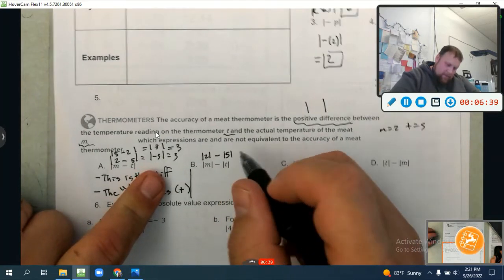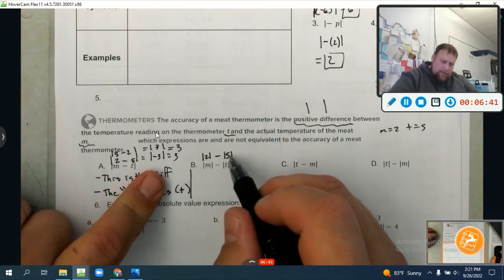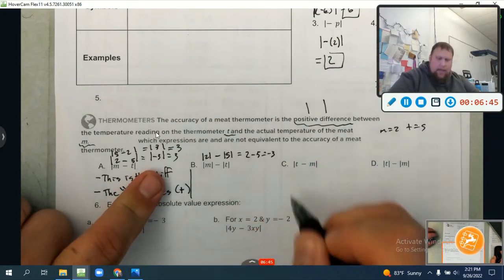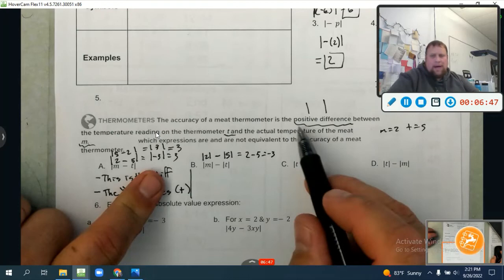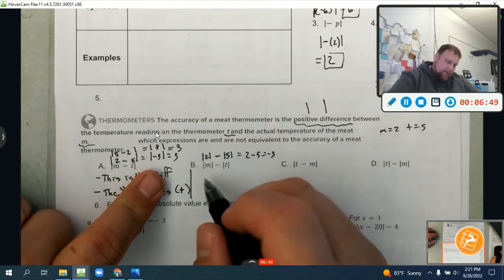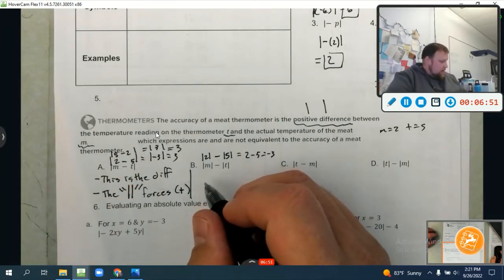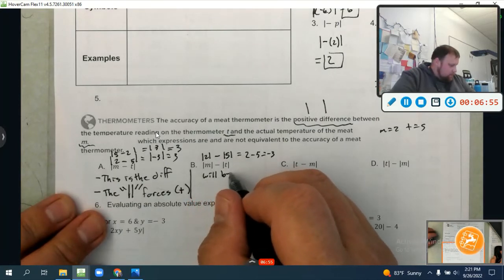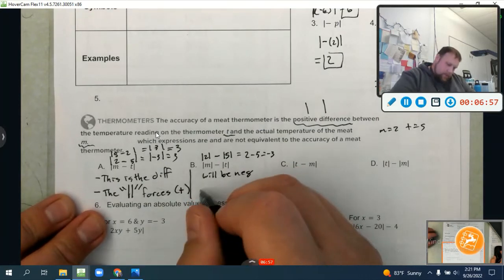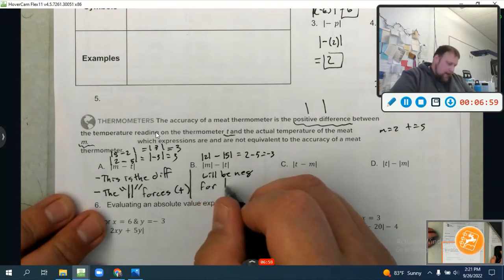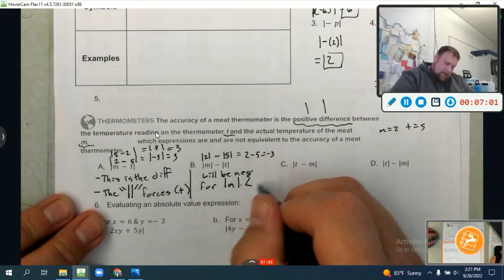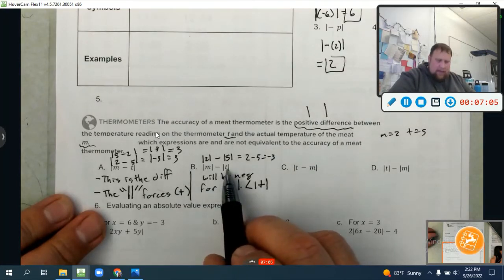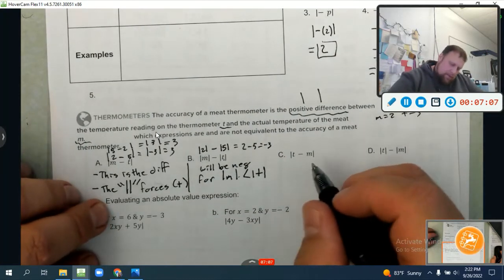Well, absolute 2 is 2 and absolute 5 is 5, so this just becomes 2 minus 5, which is negative 3. We don't want a negative. We want the positive difference. So because of this, what we can say is it doesn't work because it will be negative for absolute value of m is less than the absolute value of t. Whenever this absolute value of m is less than that value t, it doesn't work. It gives us a negative answer.